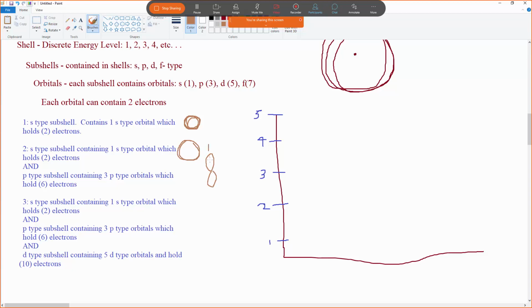One is on the y-axis, one on the x-axis, and one on the z-axis. So there's 3 distinct p-type orbitals there. And then of course the 3s is the same, just a bigger sphere. And the 3p is the same, just bigger.